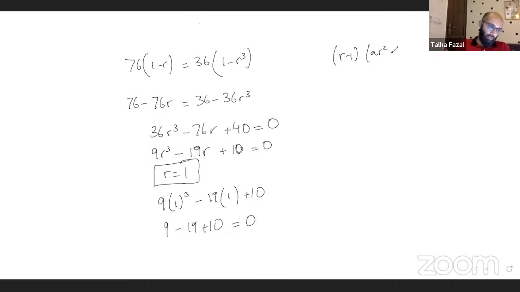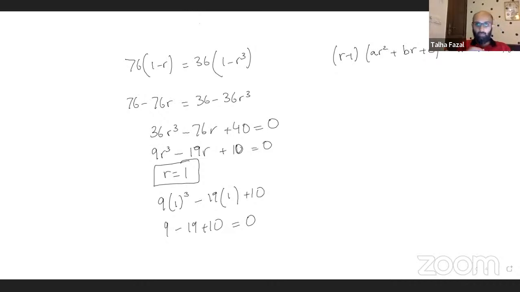So one of the factors of this equation is going to be r minus 1. I can rewrite the other factor as ar squared plus br plus c, equal to 9r cubed minus 19r plus 10.